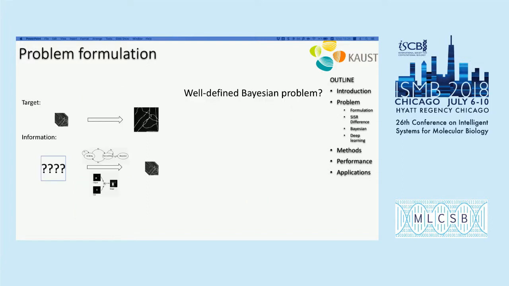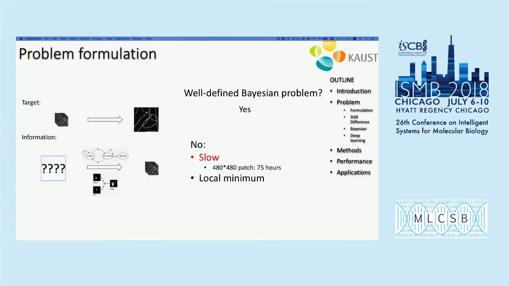But on the other hand, since we have the low resolution images and we also have the physical process behind this problem, is this a well-defined Bayesian problem? And actually the answer is yes. Several methods have been proposed to solve this problem using Bayesian methods alone. But using only a Bayesian method could be very slow.